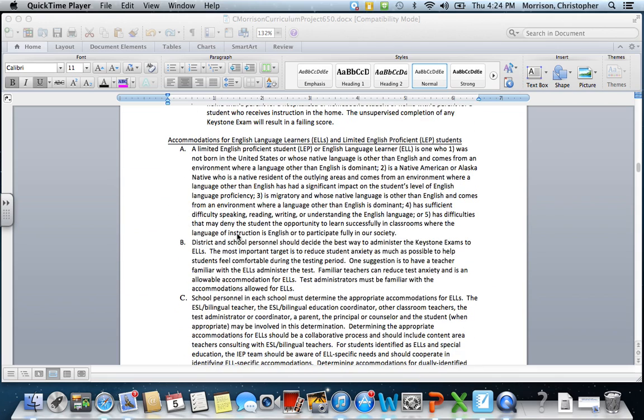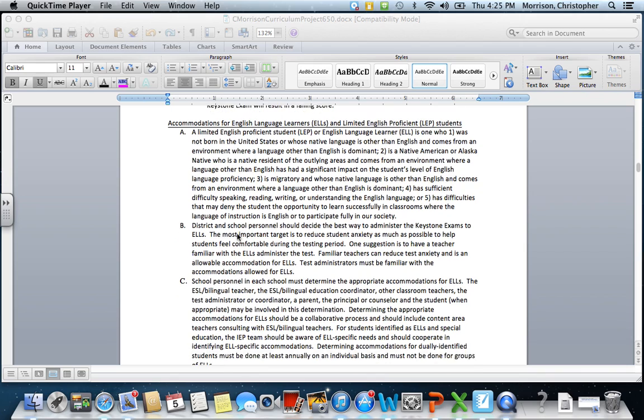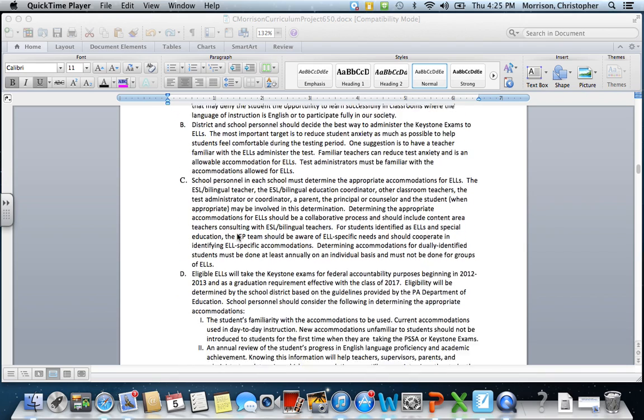Okay, the next section is the accommodations for English language learners and limited English proficient students. The setup is pretty similar. It goes through exactly who is defined as an LEP student or an ELL student, and it also goes through the different accommodations that these students are allowed.